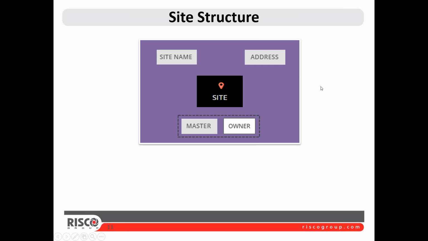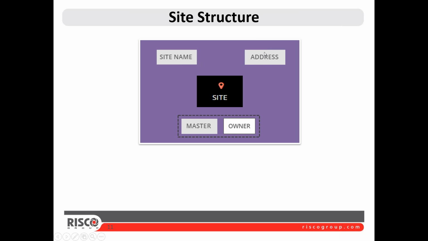Okay, so let's have a look at the site name. Now, the site name can be anything. You don't need to make the site name unique. The site name could be the same as another site name. It doesn't really matter. However, the address may be different.